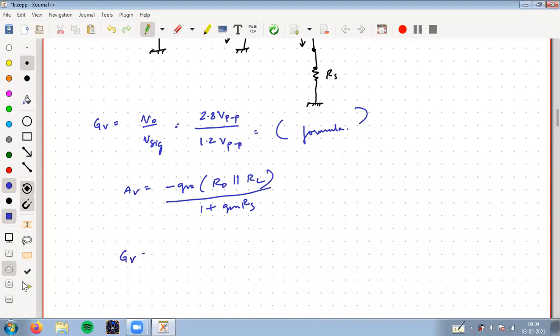Now GB here is AV into RG by RG plus R signal. This we have derived. Go back to the common source with source resistance, this derivation is done.